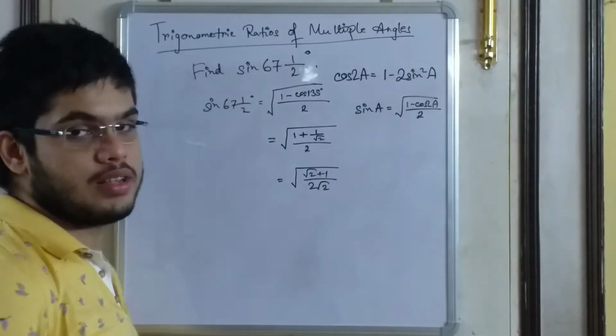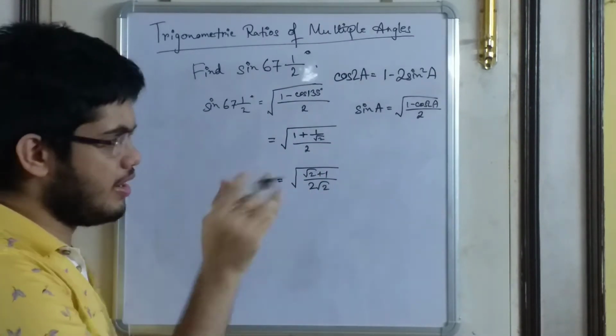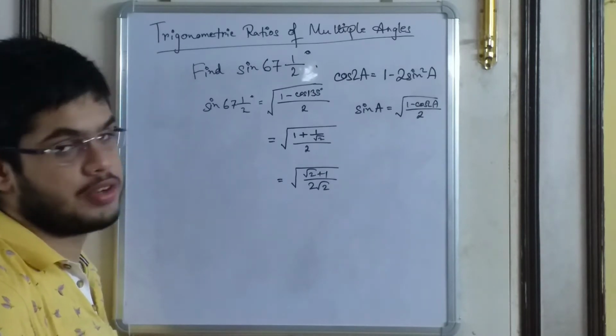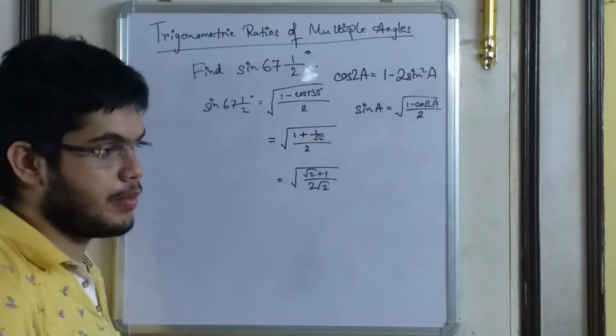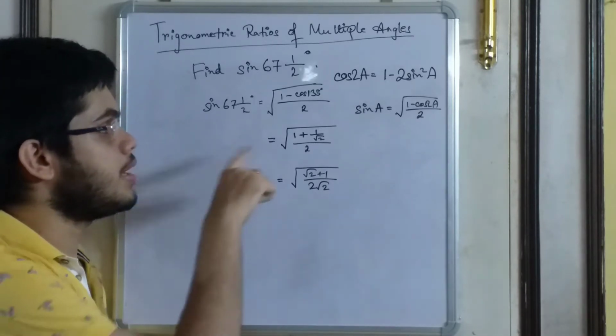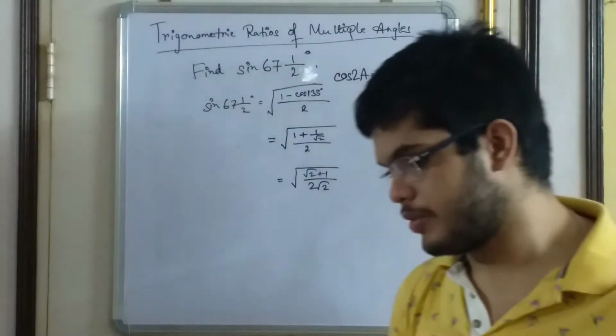So this is the answer, root over root 2 plus 1 by 2 root 2. You can rationalize it if you like. Cos 135 degree is minus 1 by root 2, and so from there we get 1 plus 1 by root 2, by 2. Just see the solution if you have any doubts.